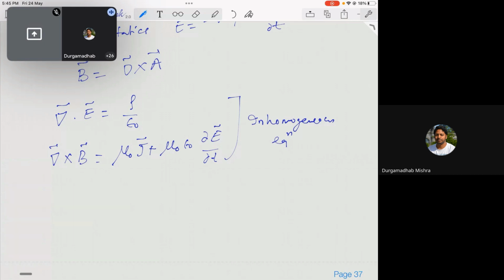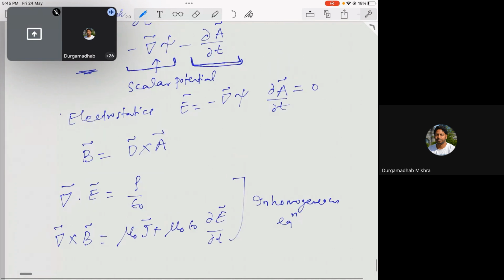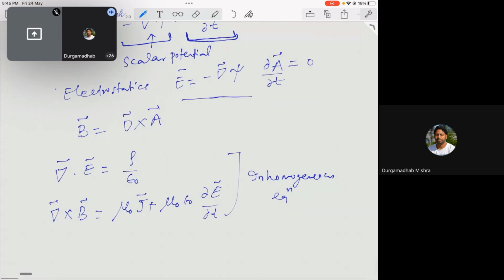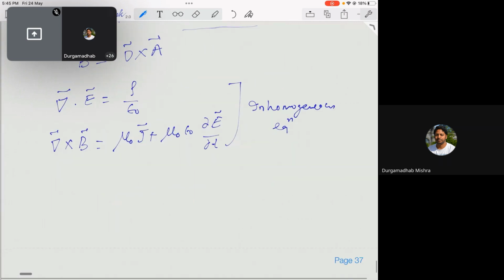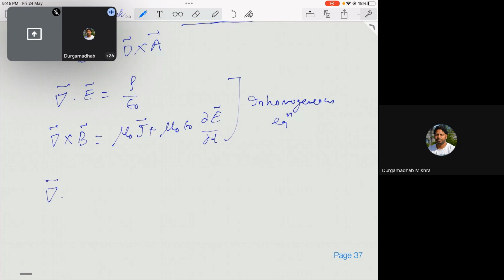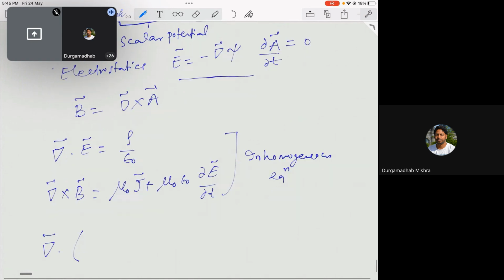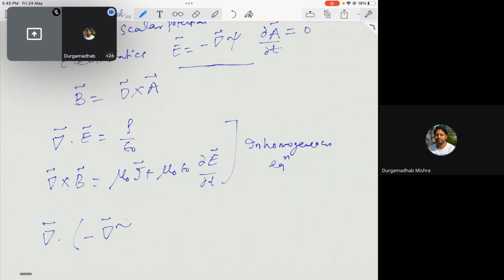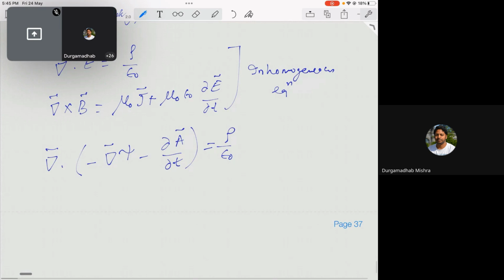Now, since we have an expression for E in terms of the scalar and vector potential, let's substitute that in this first equation. So we write del dot of minus gradient of psi minus del A by del T, which is equal to rho by epsilon naught. The first term is simply minus del square psi, since del dot del is del square.